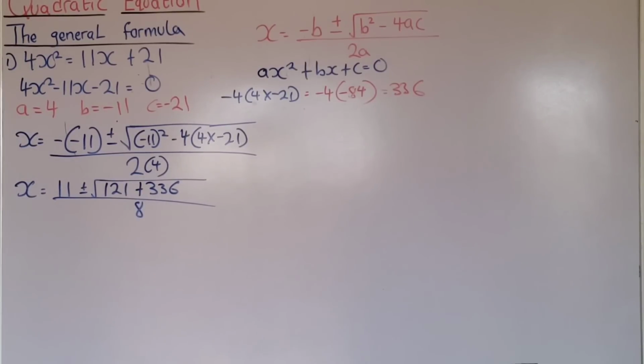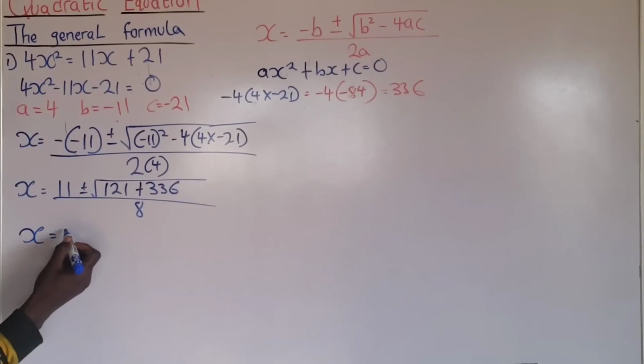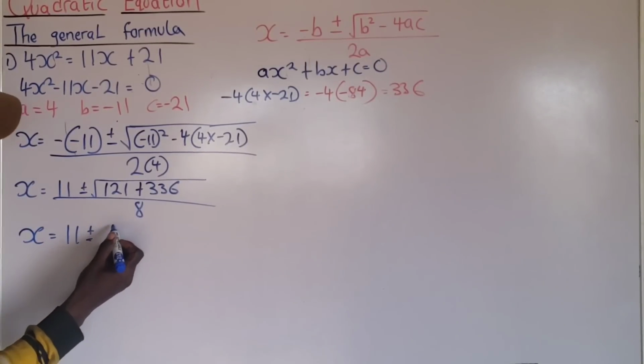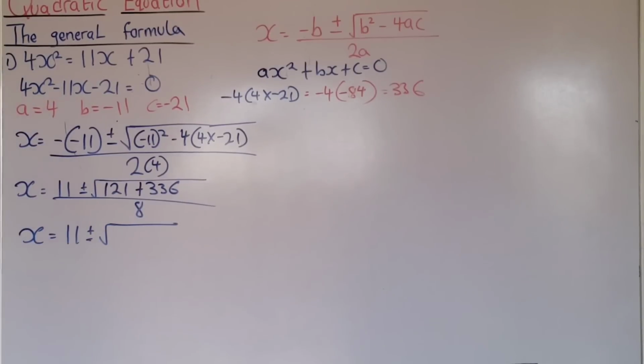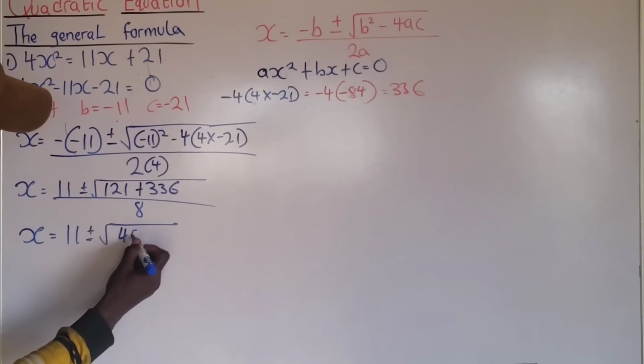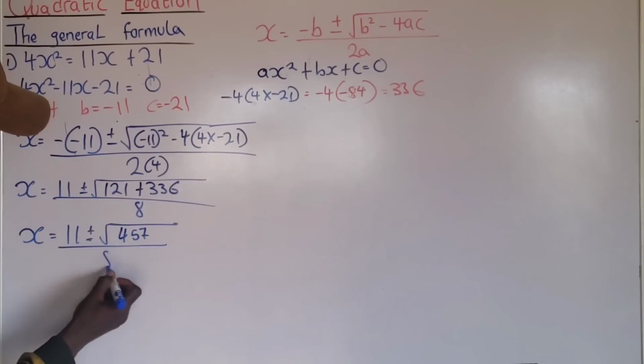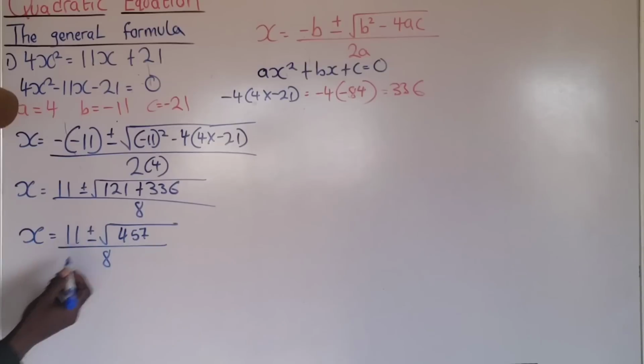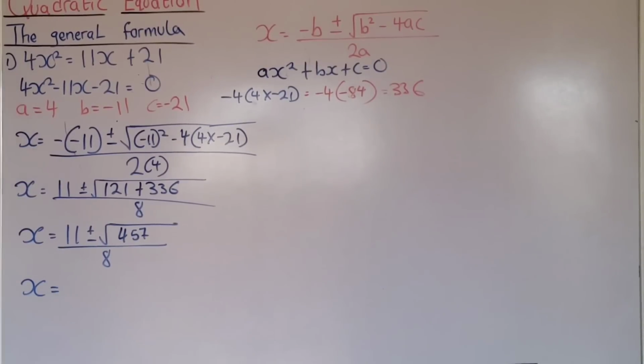Okay, now let us proceed. Here I'm going to have x equals 11 plus or minus the square root of, now 121 plus 336, that is 457. So I'm going to have the square root of 457 all over 8. Okay, so here I'm going to have x equals, now we can separate the sign, or let us first take the square root of 457.